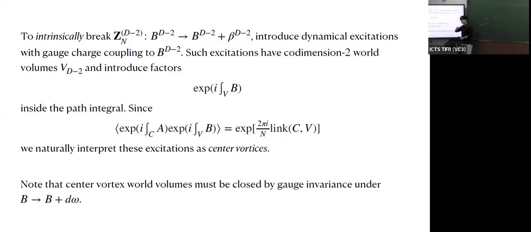And because of this correlation function of the BF theory, giving this phase factor, we very naturally interpret these excitations as center vortices. You see, just the consideration of breaking an emergent symmetry, you see that you have to have heavy center vortices in the picture.